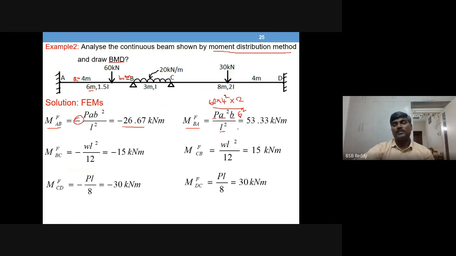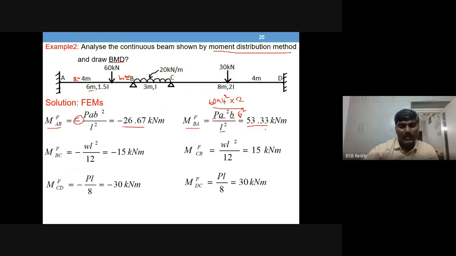So that comes to be 53.33 kilonewton meter positive. So on the left, anti-clockwise, and on the right, clockwise moments are developed at A and B if it is a fixed beam.